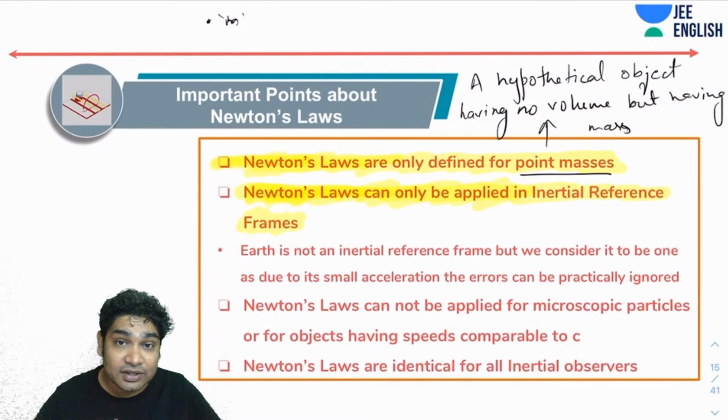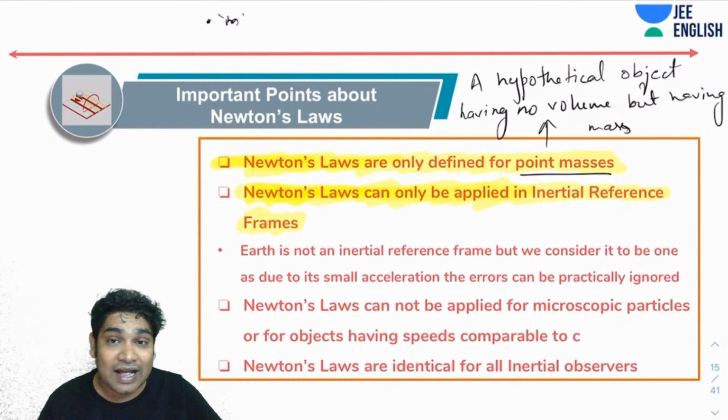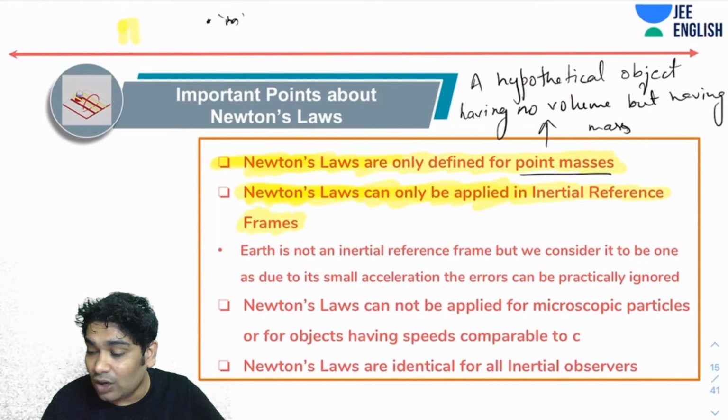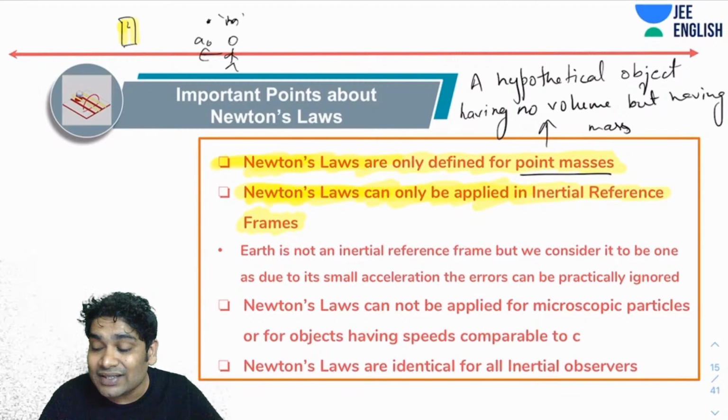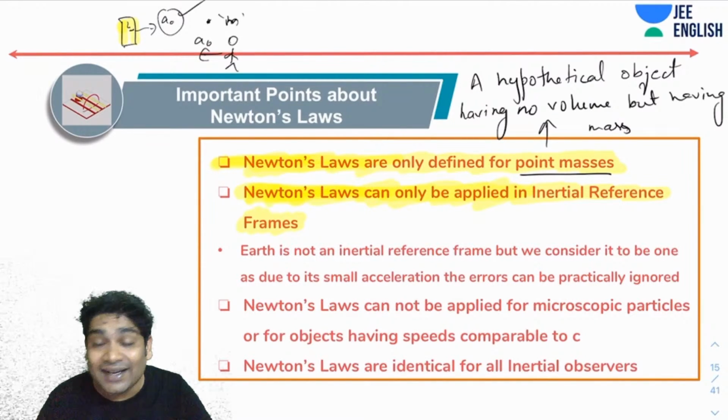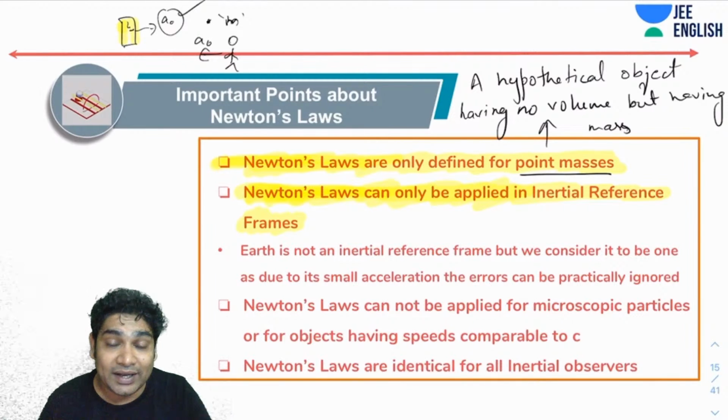So the point was, I told you the only problem with your acceleration was that you see the acceleration of the thing being observed as wrong. If something is at rest, it is not accelerating, and imagine this body is at rest and I am accelerating with some acceleration A observer. So what do I see? I see this body accelerating in this direction with A observer, right? So I see an error in its acceleration which is equal to A observer.